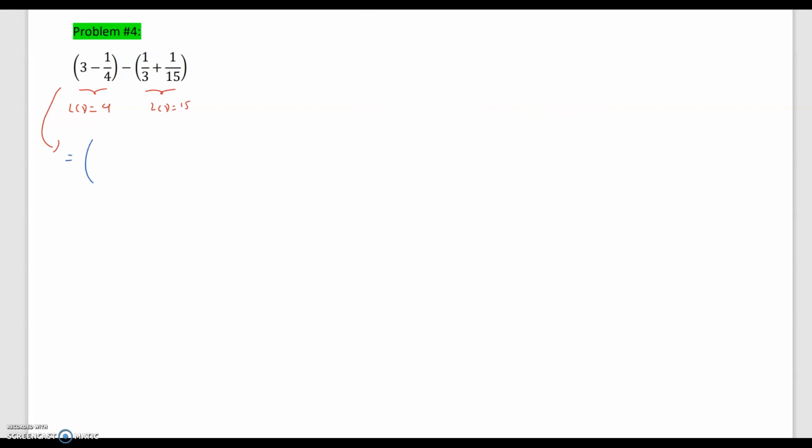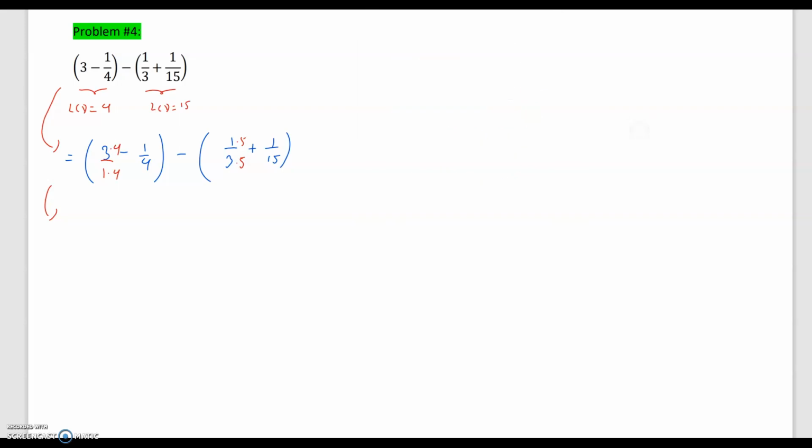So technically parentheses, this will be 3 minus 1/4 minus this is 1/3 plus 1/15. And then for the first fraction, we're going to be multiplying times 4 and times 4. Second fraction times 5 and times 5.